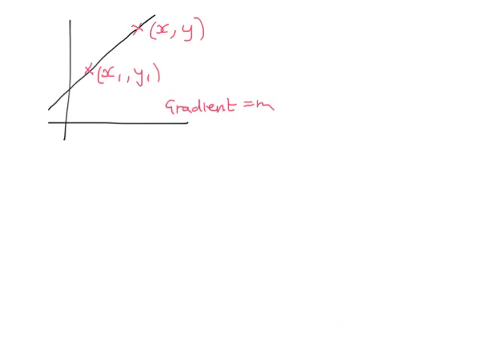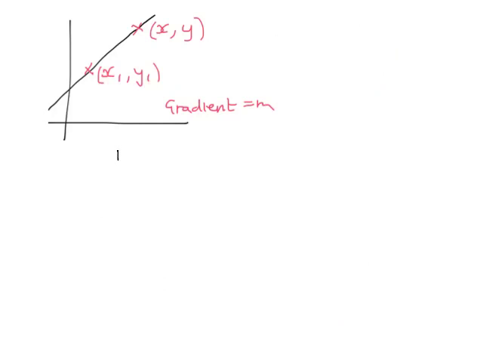Now we can generalize this. If we're given a specific point that the line passes through, x1, y1, and we're given the gradient of the line, m, then we can construct a formula that is going to tell us how to find the equation of that line.